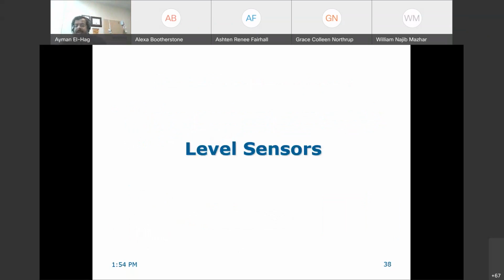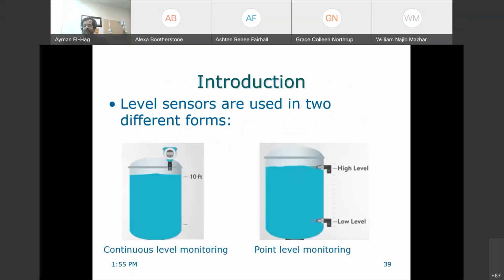Another type of sensor is the level sensor. Now you have a container of water or any liquid, and you want to know the change in the level. There are two different types of monitoring systems for the water or for the liquid level in general. One of them is called continuous level monitoring.